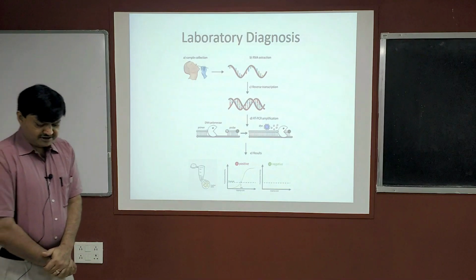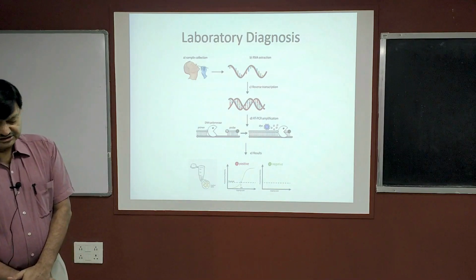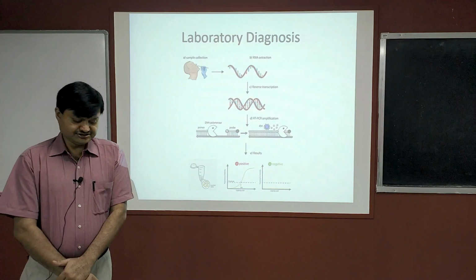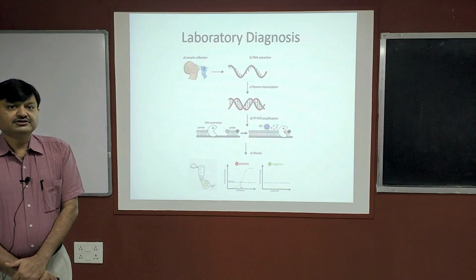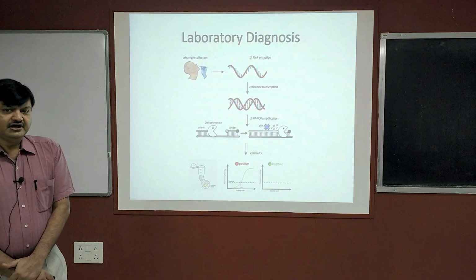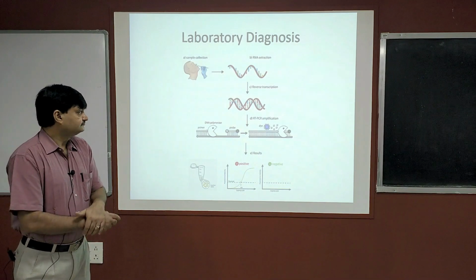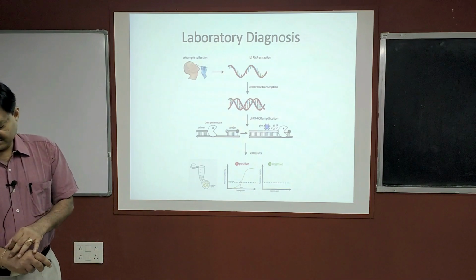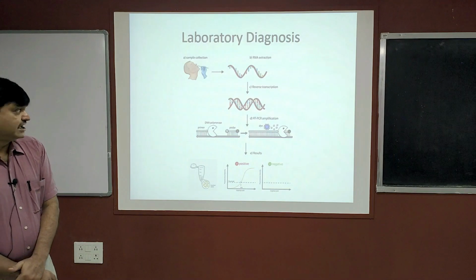Now there are various tests for laboratory diagnosis. One is the antigen test, rapid antigen test, then antibody test, and RT-PCR. RT-PCR is considered the gold standard test for the diagnosis.